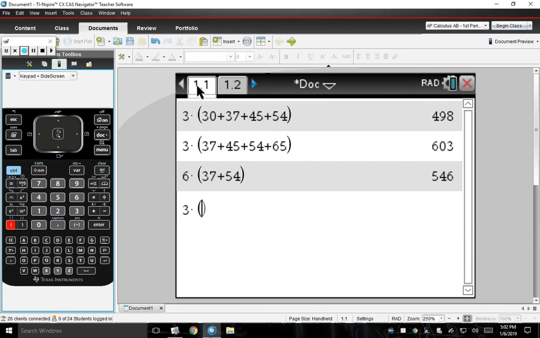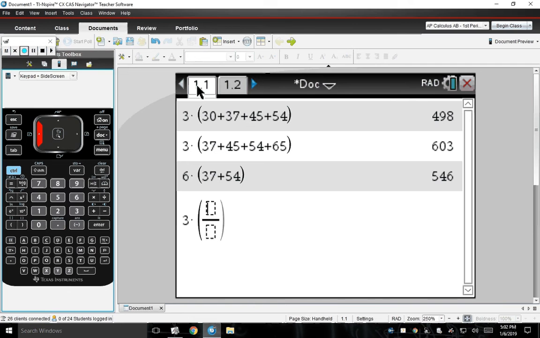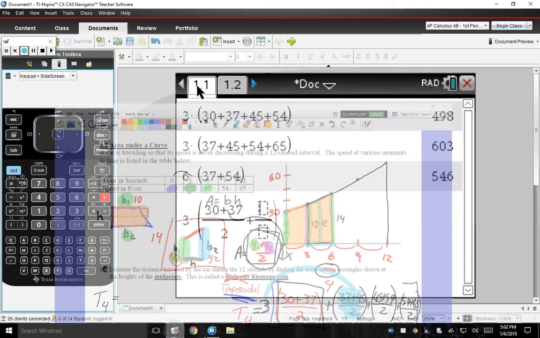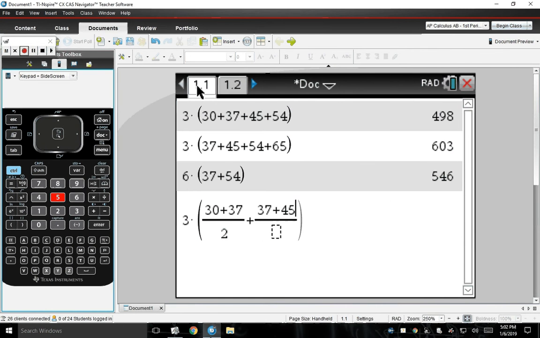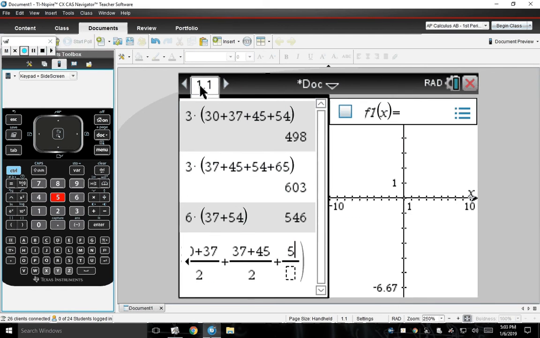Parentheses, and then we're going to have 4 fractions here. Let's do this first one: 30 plus 37 over 2. Then the next one, 37 plus 45 over 2. These are the average of the y's. Then 45 and 54, divided by 2.